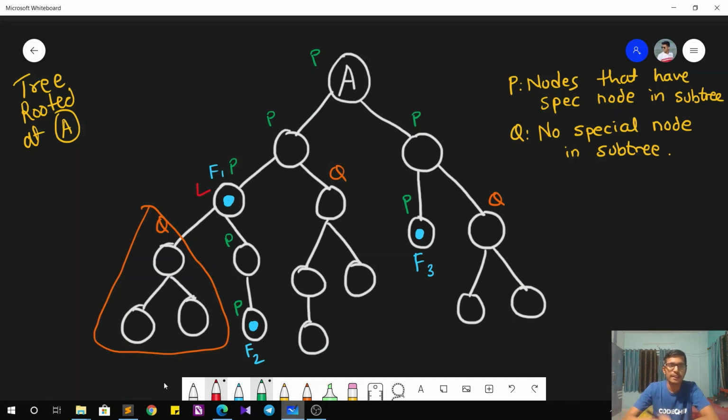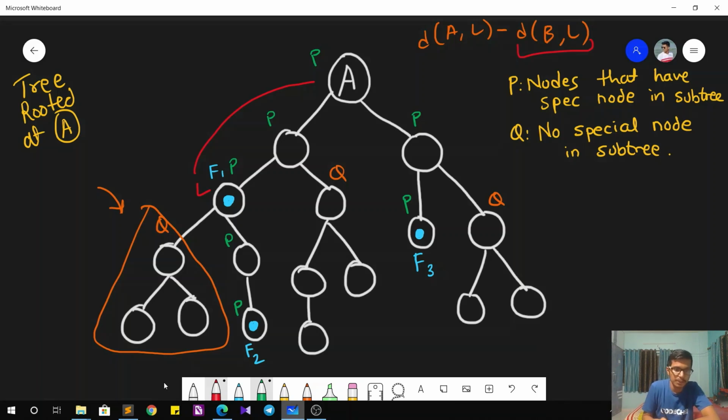So I can run a separate DFS for this orange subtree, this one, and find the distance from L to that node, because the statement was like d(A, L) minus d(B, L). So for L, I directly know the distance from L to A, that is the depth of L. But distance (B, L), that I have to find.